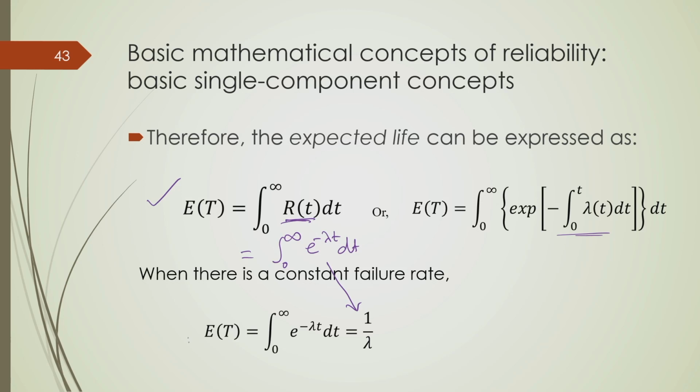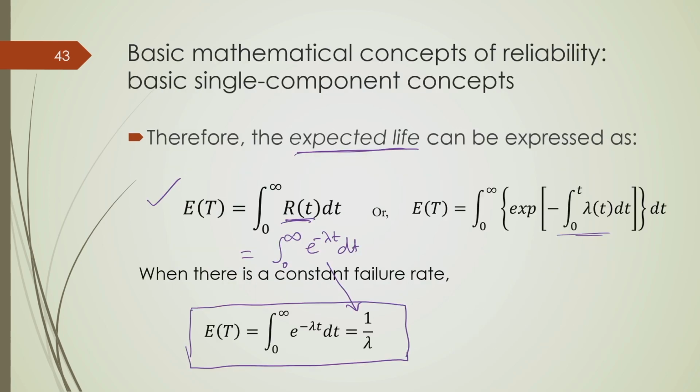So, ultimately for a constant failure rate, the expected life period will be equal to 1 upon lambda, which gives the time for that particular equipment to fail. So, it gives the expected lifetime, the expected period in which this component will survive and operate satisfactorily.